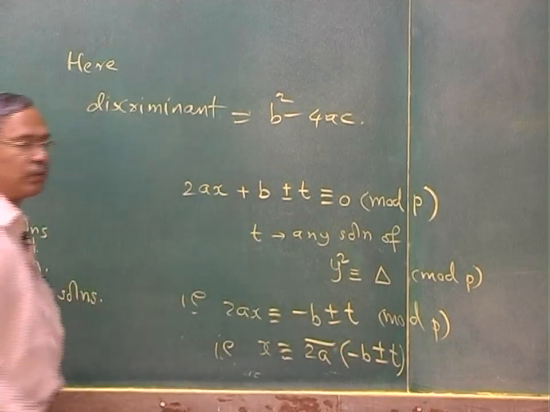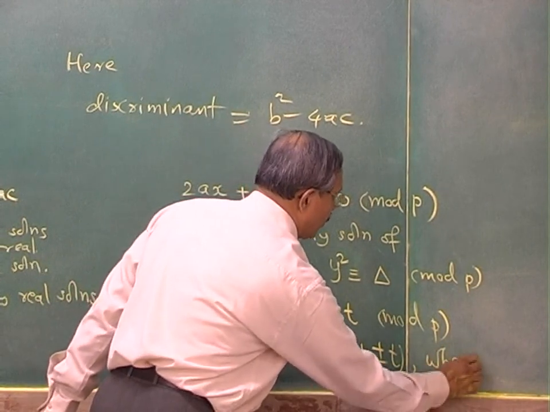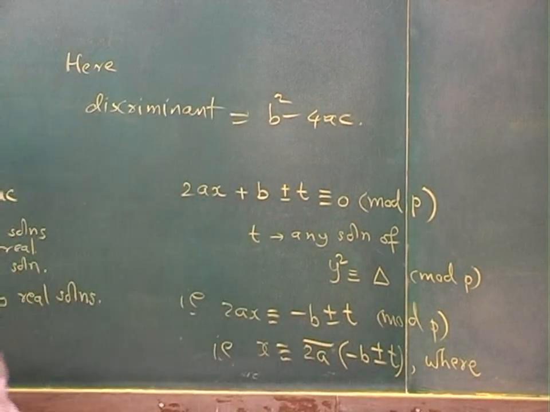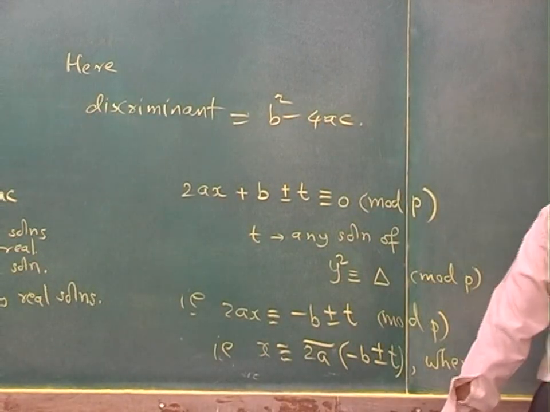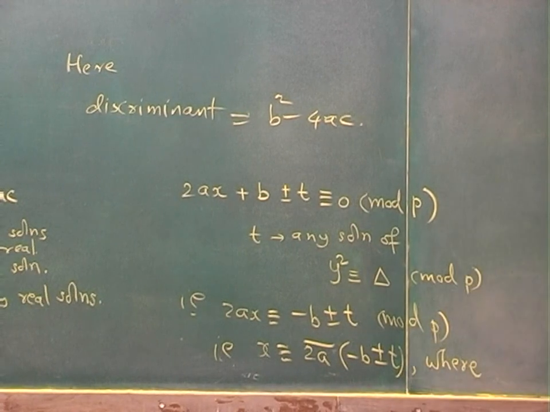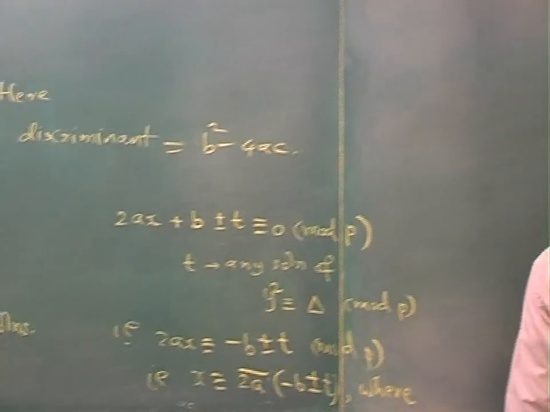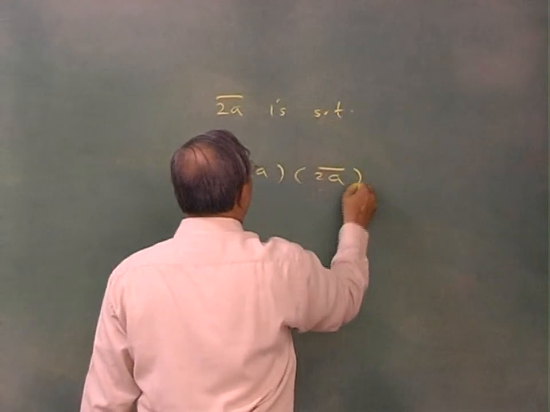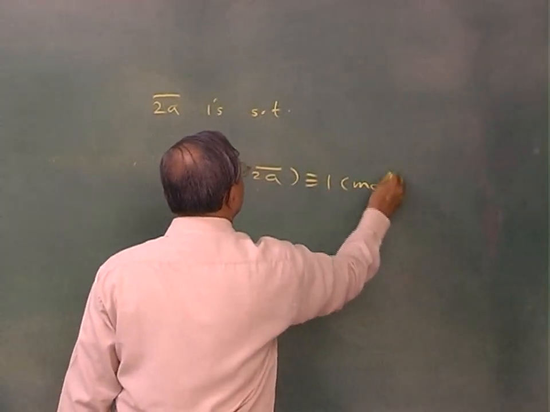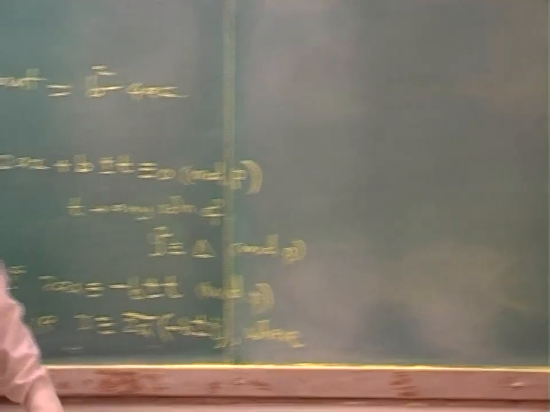So it is the same formula that you get, where 2a bar is such that 2a into 2a bar is congruent to 1 mod p. That is, essentially you are dividing by 2a mod p.